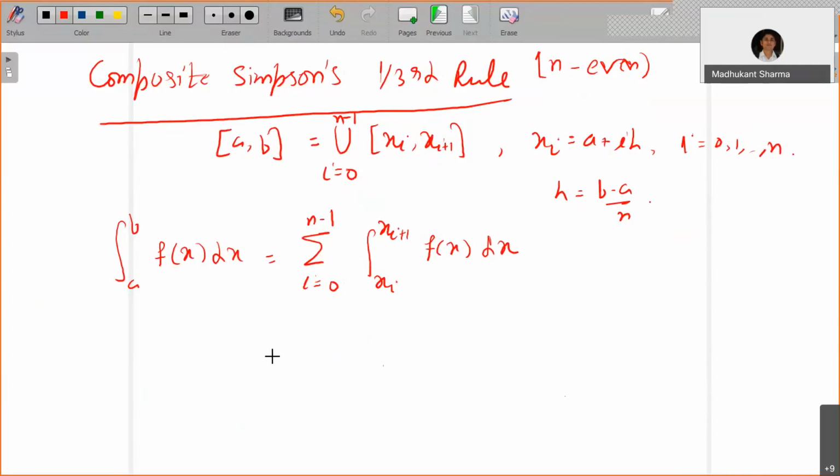And if you use this Simpson's 1/3 rule, that's going to be approximately summation i equals 0 to n minus 1 of xi plus 1 minus xi by 6, b minus a by 6, right?